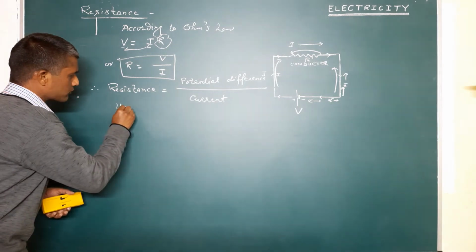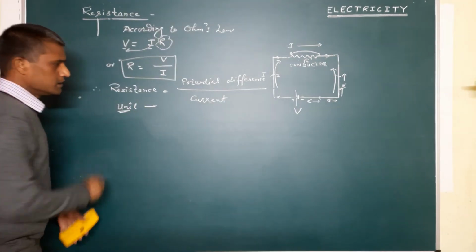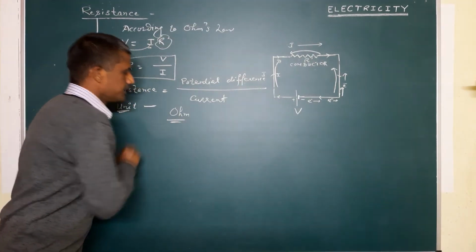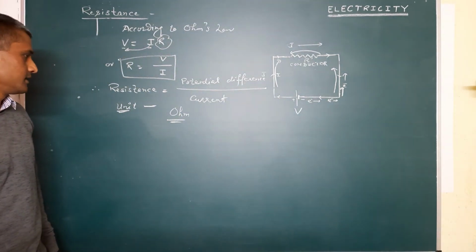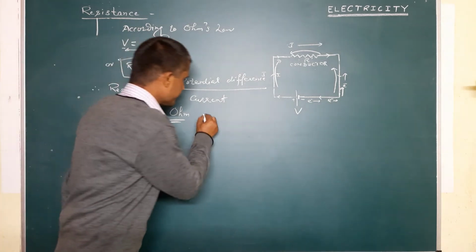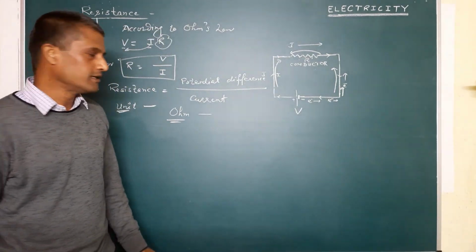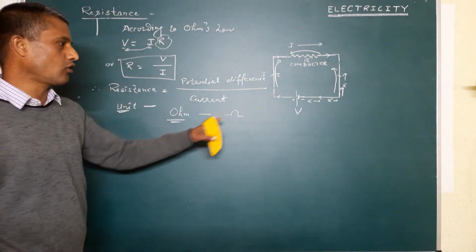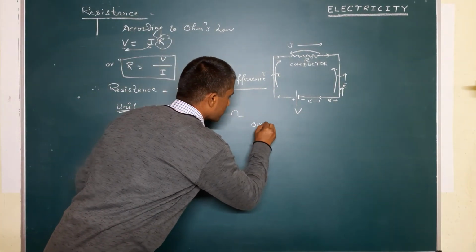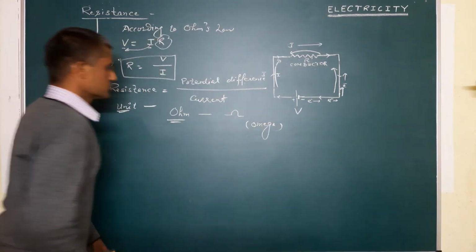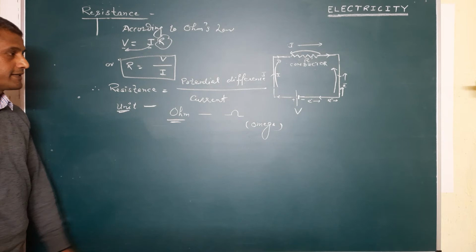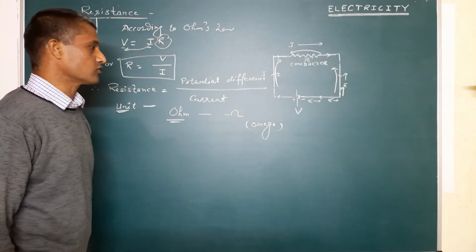Now we are going to come across the unit. The SI unit of resistance is Ohm. Resistance unit is Ohm, and it is represented by the Greek letter omega. Here it is called omega. So that is the SI unit of resistance, Ohm, and it is represented by the Greek letter called omega.